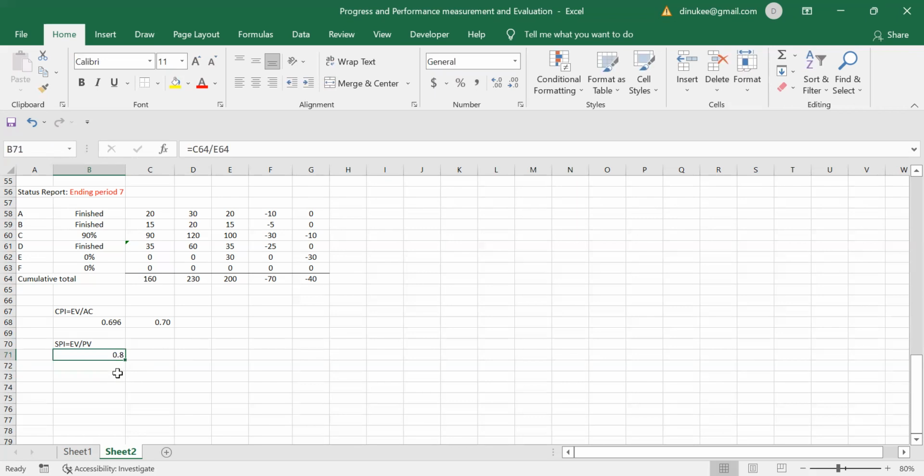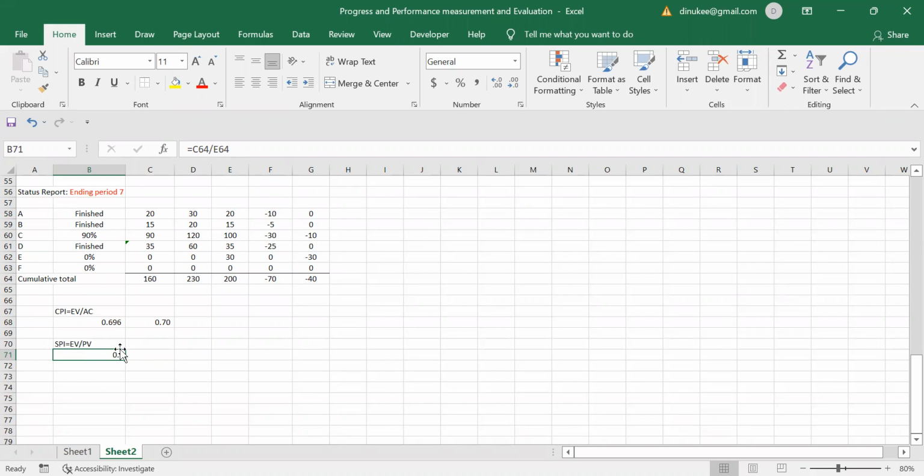If we schedule 1 rupee worth of work, we completed only 0.8 worth of work. The Schedule Performance Index indicates that if we are scheduling 1 rupee worth of work, we completed only 0.8 rupee worth of work. So that is the explanation for the Schedule Performance Index.